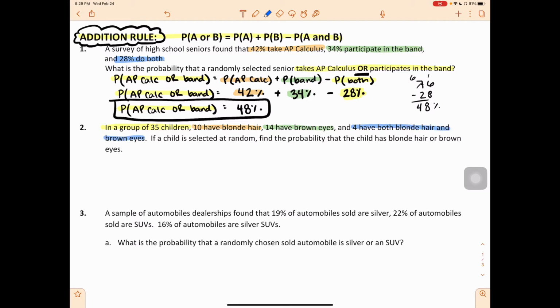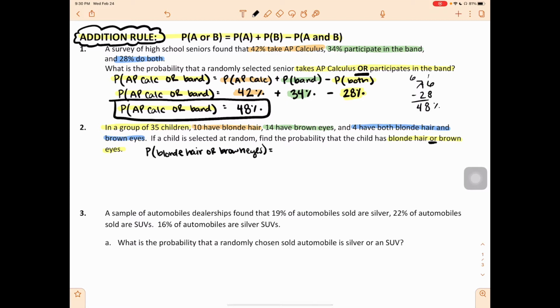Okay? If a child is selected at random, find the probability that the child has blonde hair or brown eyes. So that or, again, tells me that it is addition rule. So I can set this up and write, okay, so I need to find the probability of blonde hair or brown eyes.